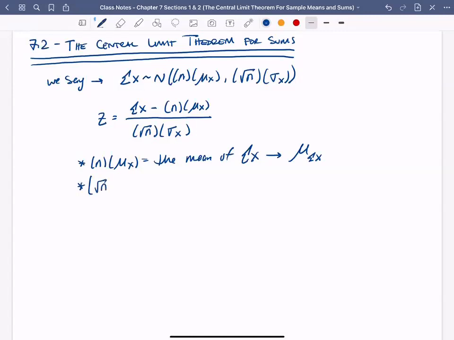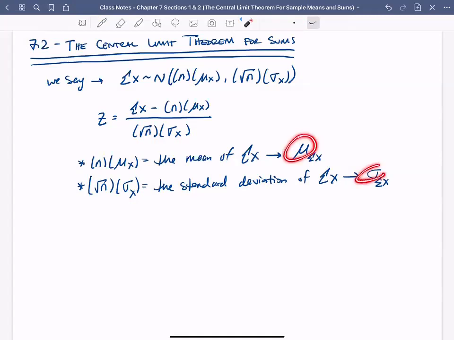And likewise, the square root of n times sigma sub x is the standard deviation of the sum of x, or we'll write it like this. Notice how we're just adding the subscripts to mu and sigma.